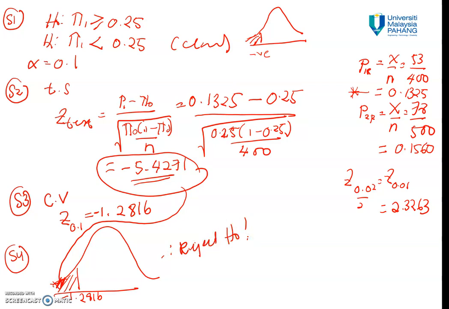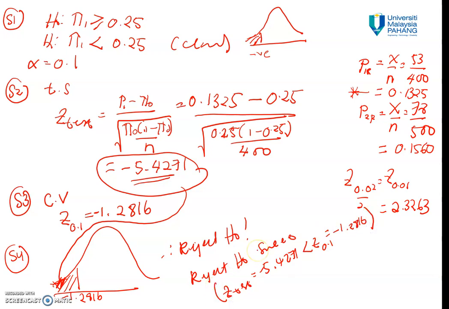Alright. So how do you write it in a good sentence? It will be reject H0 since Z test, which is negative 5.4271, is less than Z table, or here you can put the alpha value, which is 0.1, negative 1.2816.